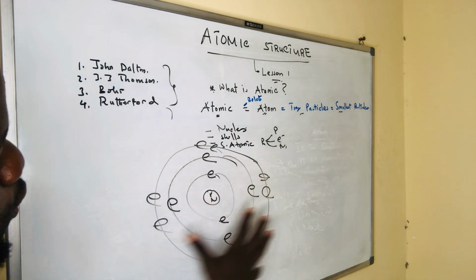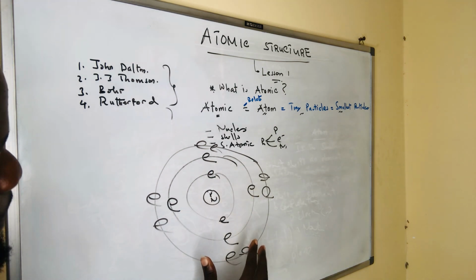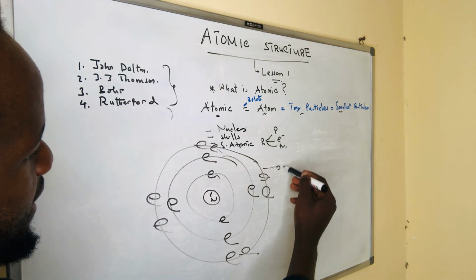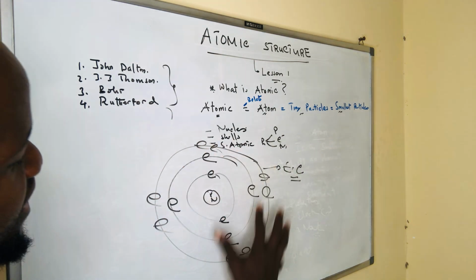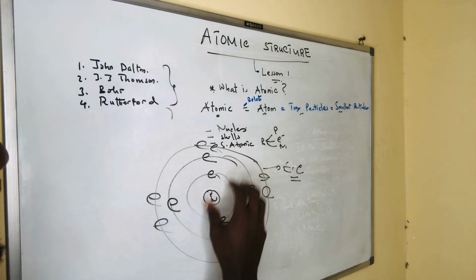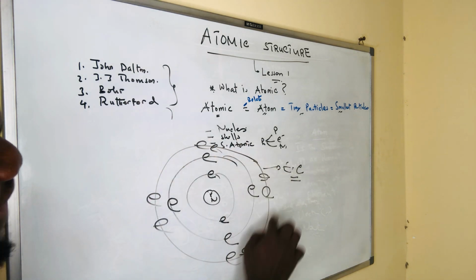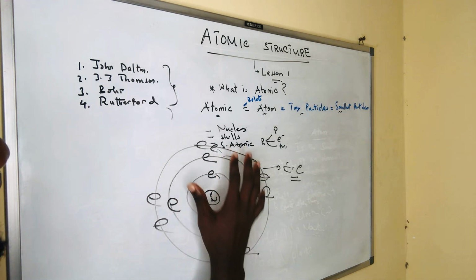So mpangilio huu wa electrons kwenye different shells of an atom huwa tunaita electronic configuration. So electronic configuration is the distribution of electrons in different shells of an atom, or is the arrangement of electrons in different shells of an atom.